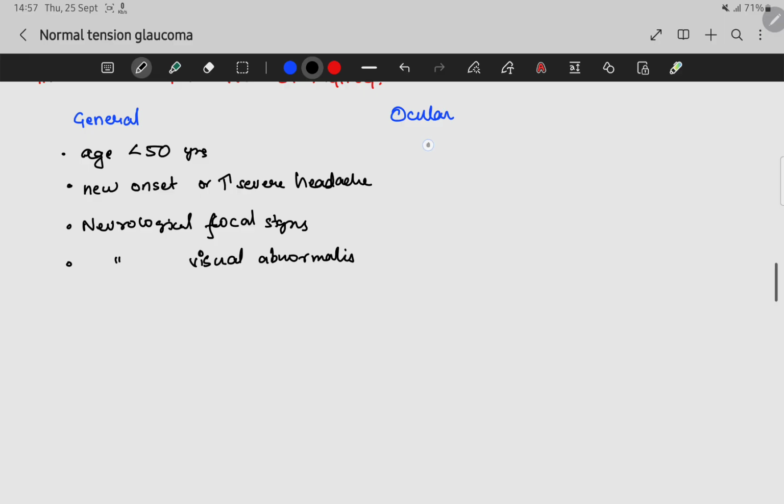Coming to the ocular, we have color vision abnormalities, pallor of the neuroretinal rim, very much asymmetric cupping.